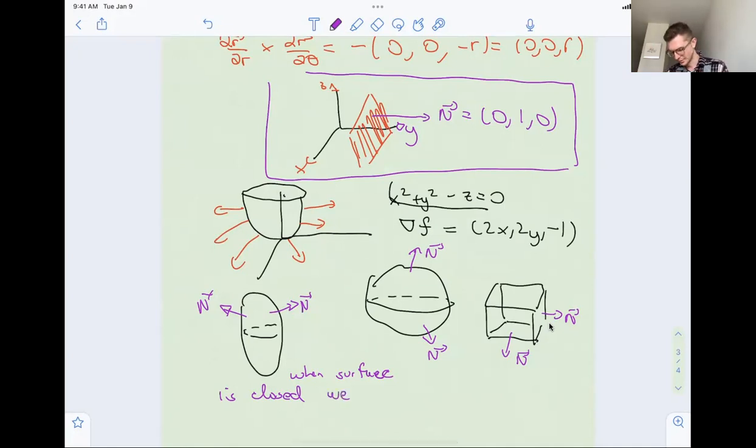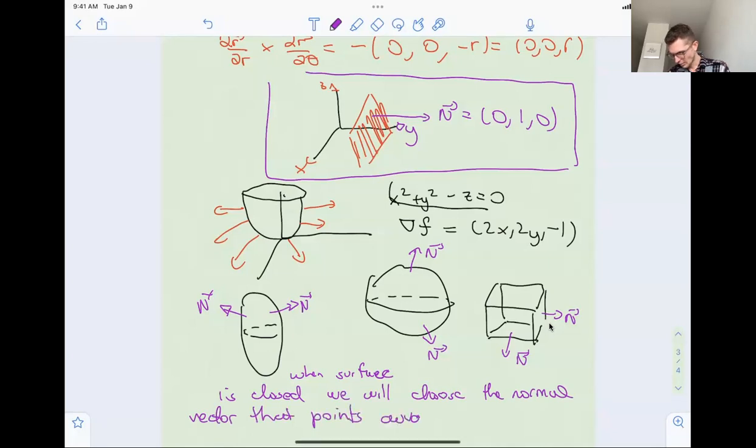So we choose the normal vector that points away from the surface. I'm just saying that there's an obvious convention when the surface is closed and closes something.